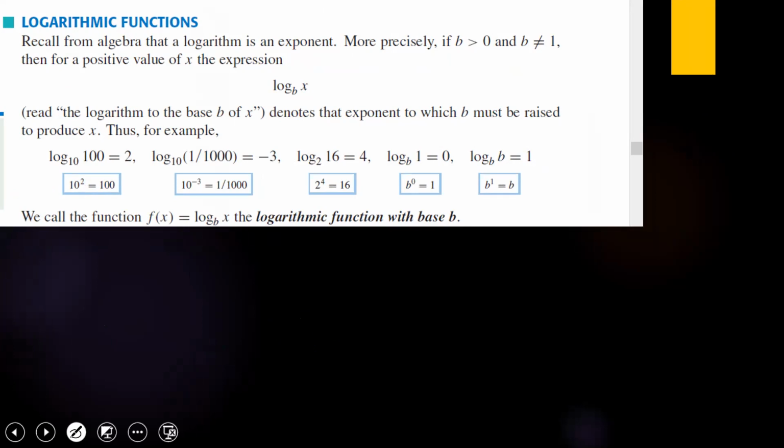The logarithmic function, we write it as logarithm to the base b of x.